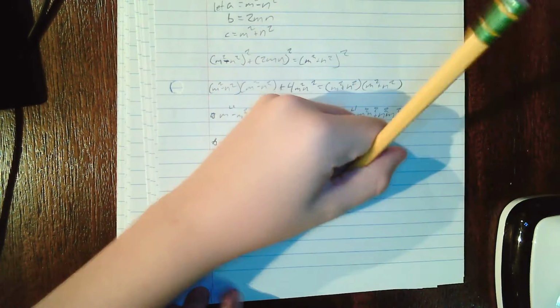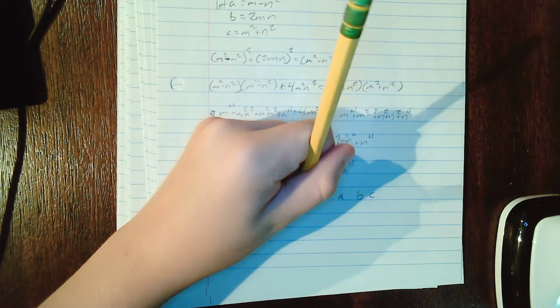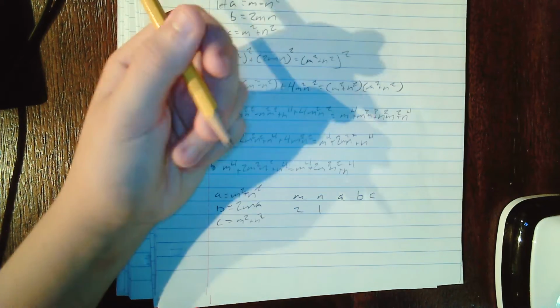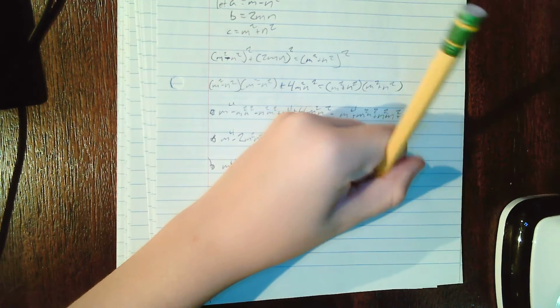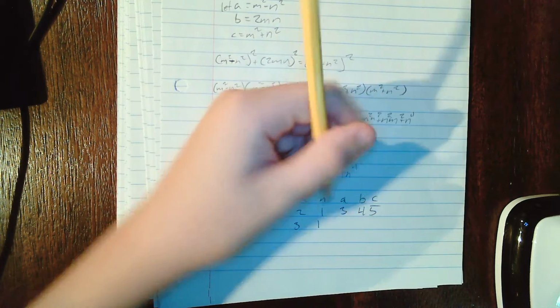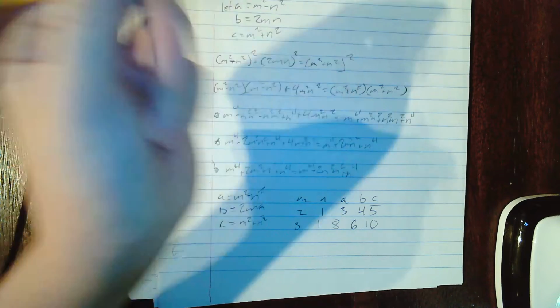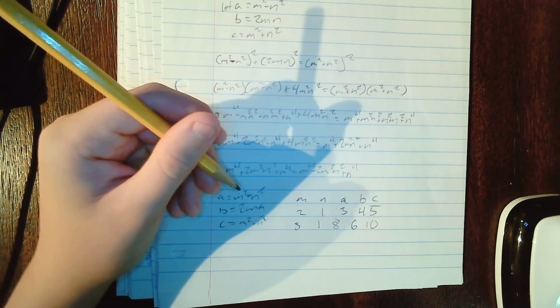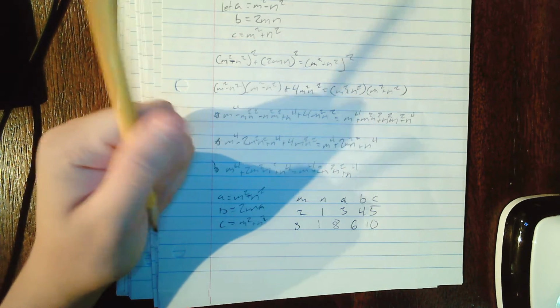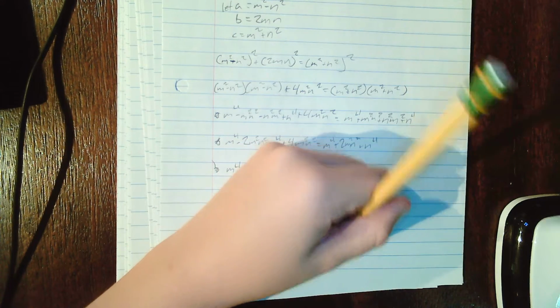I'm just going to make a little table here: A, B, and C. If m was 2 and n was 1, then that would make A 3, B 4, and C 5, which is a Pythagorean triple. If m was 3 and n was 1, A would be 8, B would be 6, and C would be 10. Again, a Pythagorean triple. The last one, probably the most famous aside from maybe 3, 4, 5: if m is 3 and n is 2, then we have 5, 12, and 13.